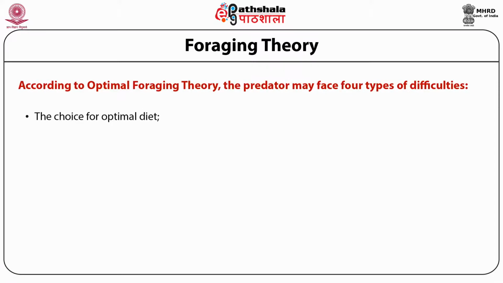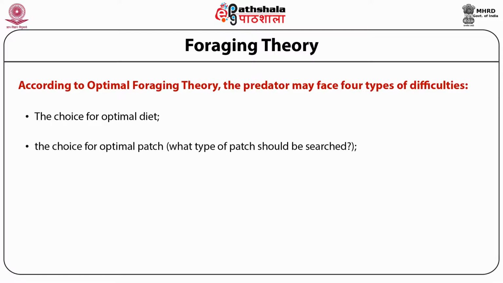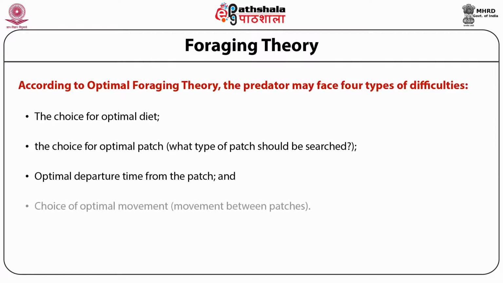A. The choice for optimal diet. B. The choice for optimal patches. What type of patch should be searched? C. Optimal departure time from the patch, and D. Choice of optimal movement between patches.